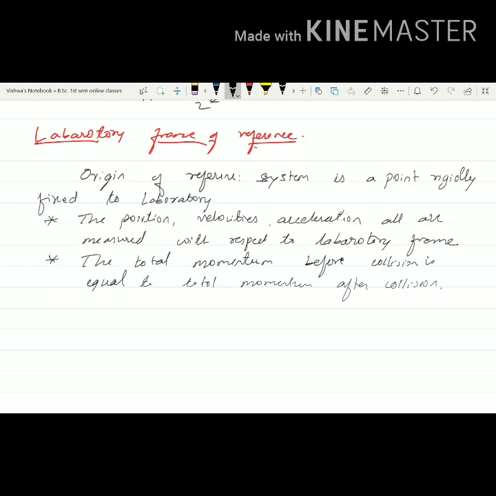Okay. So the description of this laboratory frame of reference and how to measure the position in the laboratory frame of reference, all I am going to demonstrate in this class only. You can see that at the end of this class. Okay, this is all about the laboratory frame of reference.